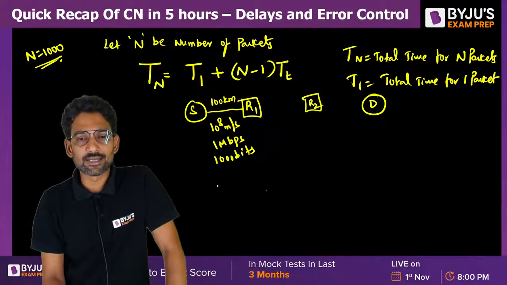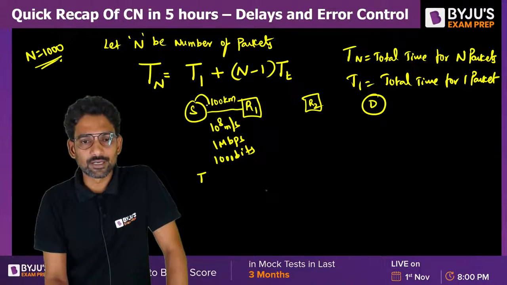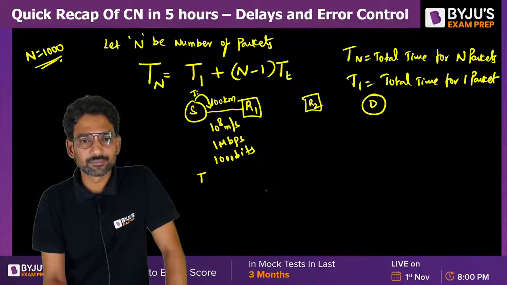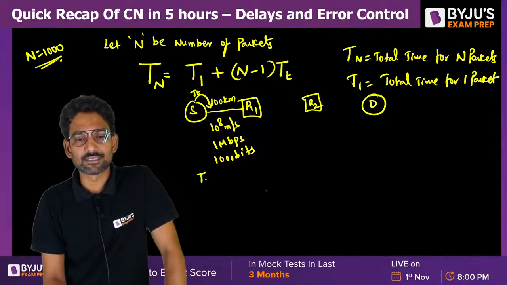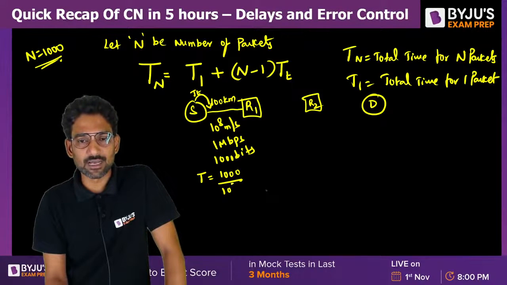So now let us calculate the transmission delay. What is the transmission delay at the source? 1000 divided by 1 megabit, which I am directly writing as 10^6 bits per second.